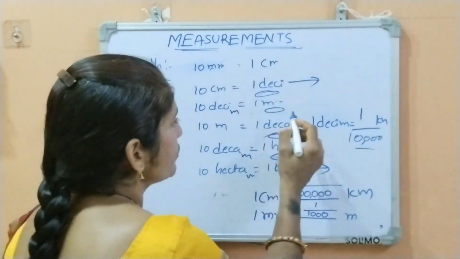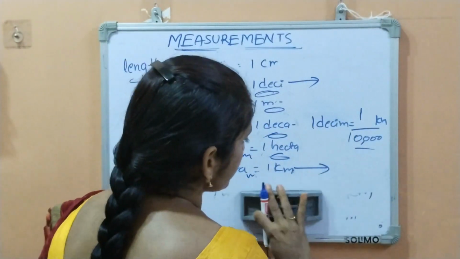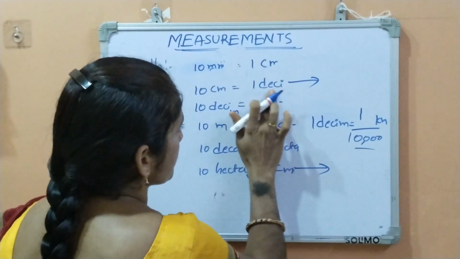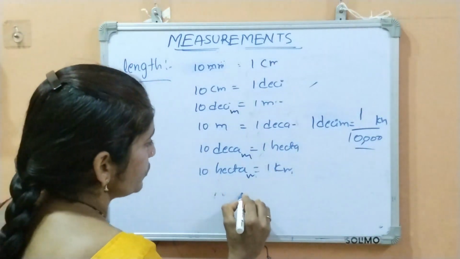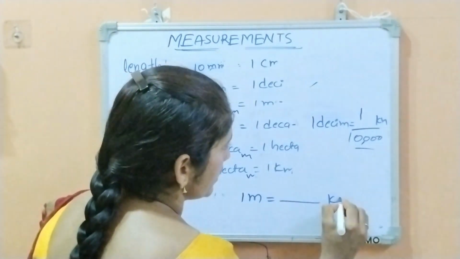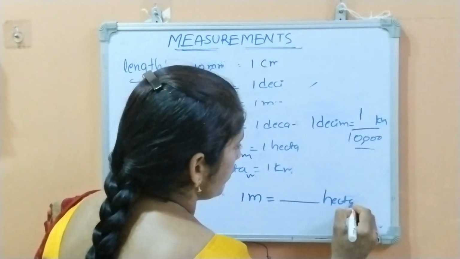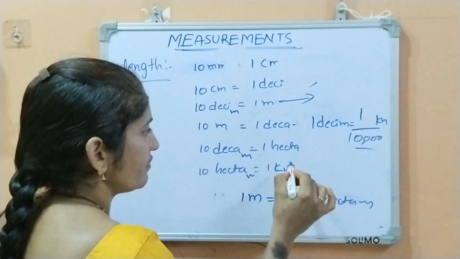One more question I am going to solve. 1 meter equals how many hectometers? Where is meter? Here it is meter. Where is hectometer?